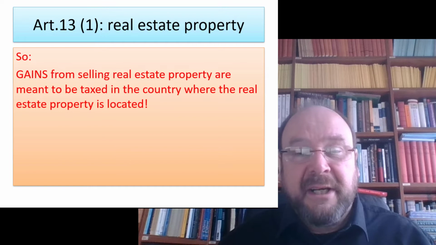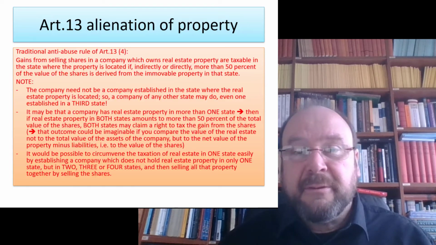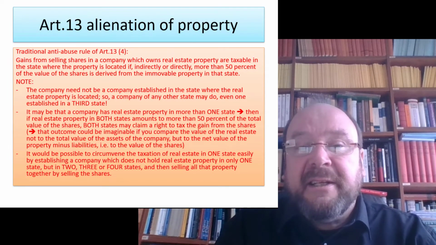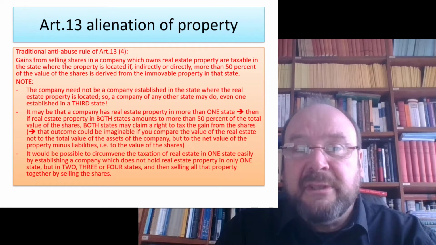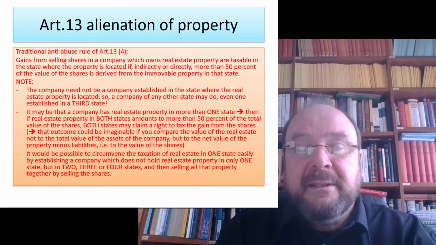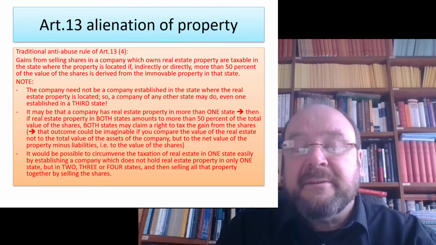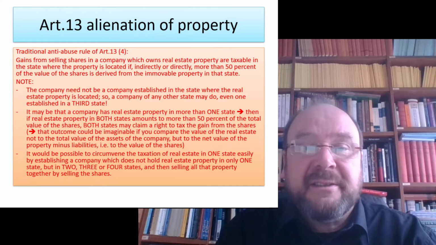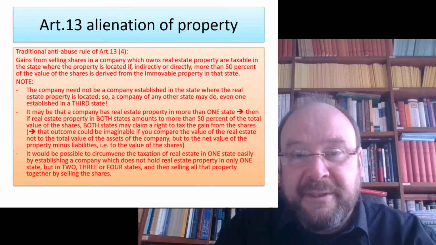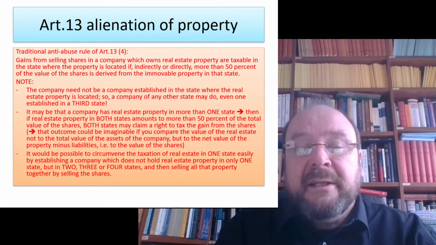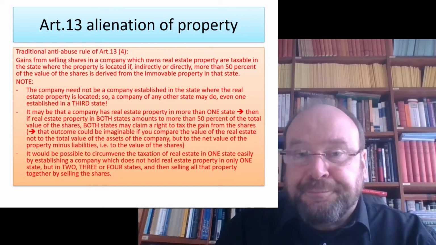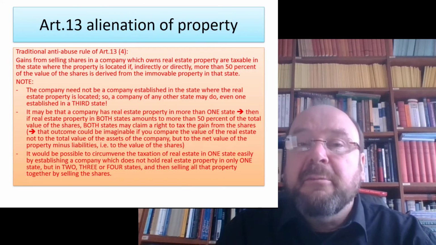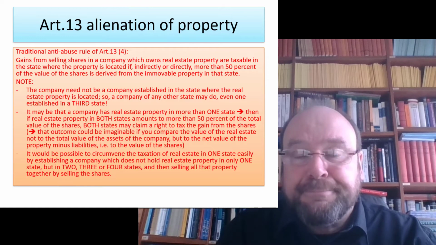then Article 13.1 is undermined. And so there has already been for a long time an anti-abuse clause in 13.4. The gains from selling shares in a company which owns real estate property in a state are taxable in that state where the property is located. So deviating from 13.5, the selling of the shares can be taxed in the source state of the real estate property, if the value of the shares depends to more than 50% traditionally from the immovable property in that state.